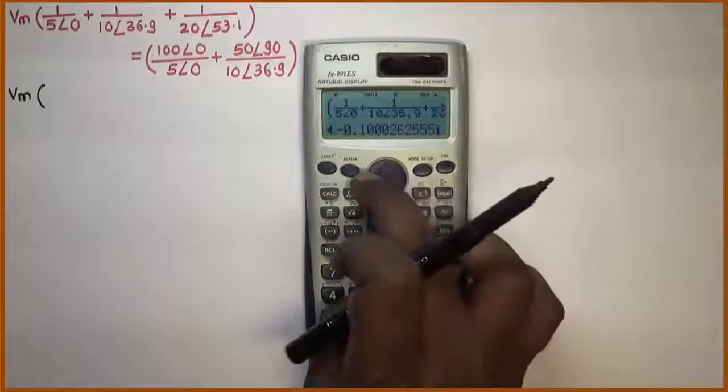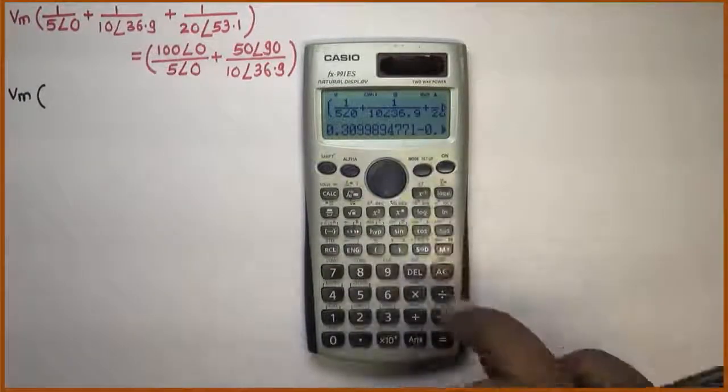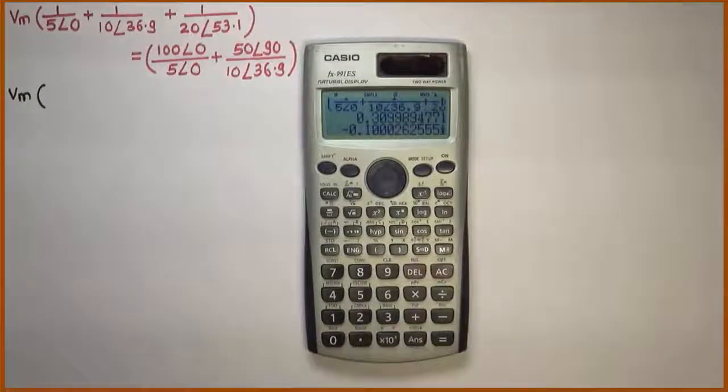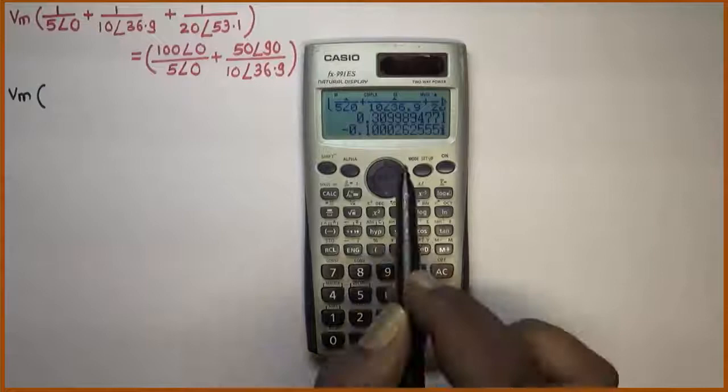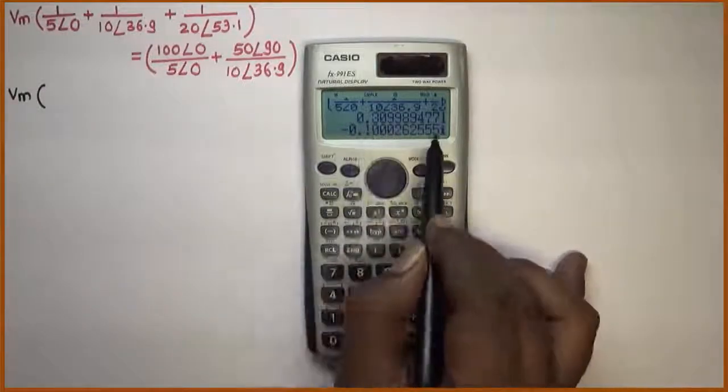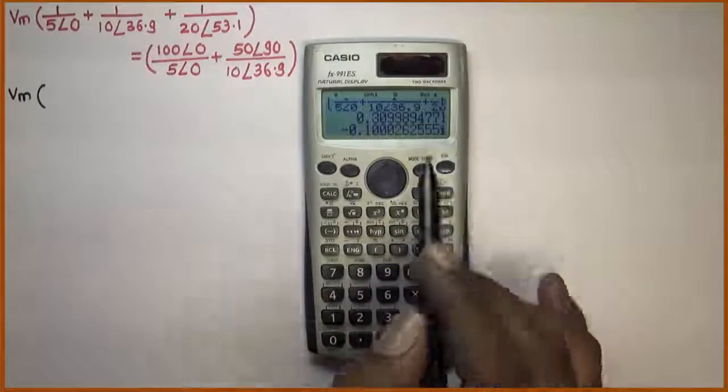If you want to see the total answer at one time, then press S to D. Here I get this part is a real number and this I indicates that this is imaginary.